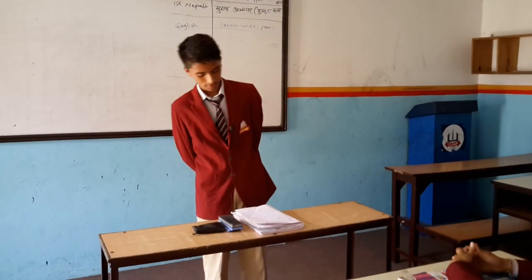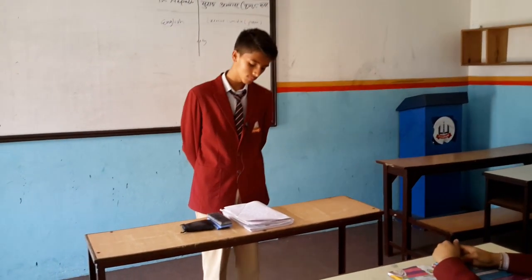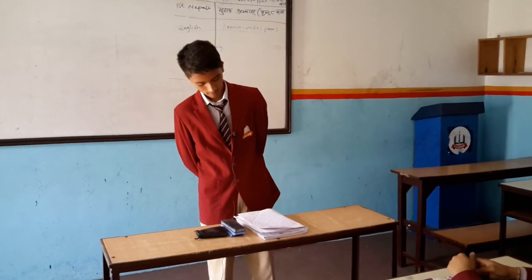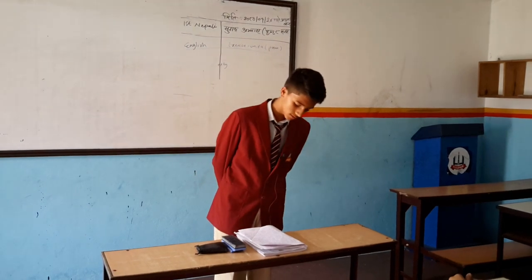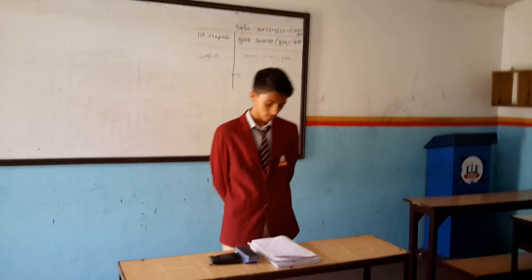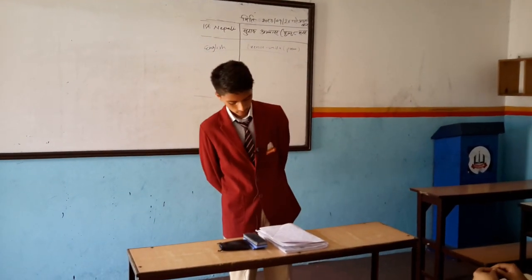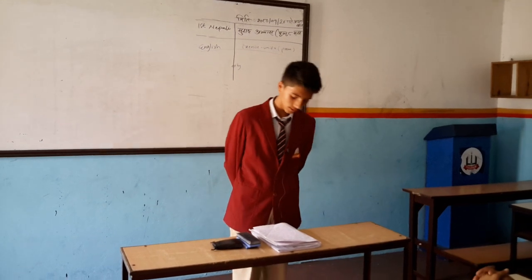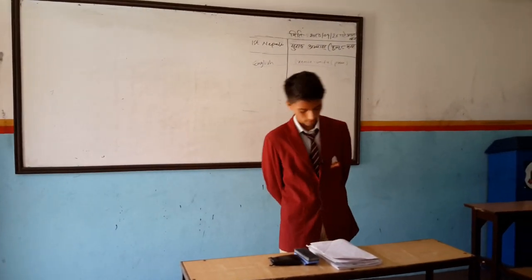Fifth point, when showing the relationship between the dependent and independent variable on a graph, the dependent variable is always placed on the y-axis, also called the vertical or y variable, and the independent variable on the x-axis, also called the horizontal or x variable.